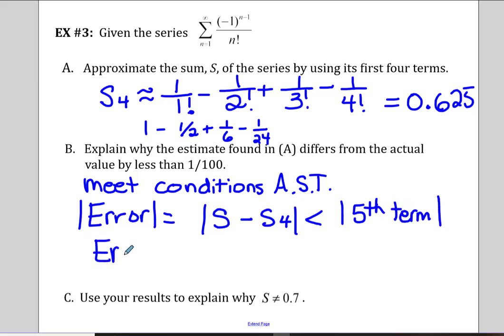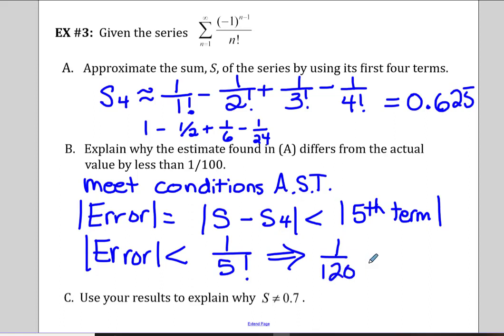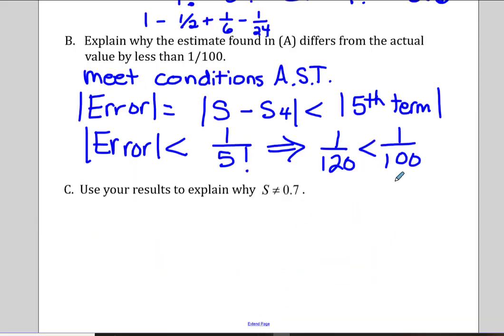So our error, absolute value, is going to be less than 1 over 5 factorial. 1 over 5 factorial is 1 over 120, and that's got to be less than 1 over 100. And we could show that. That's obvious there.